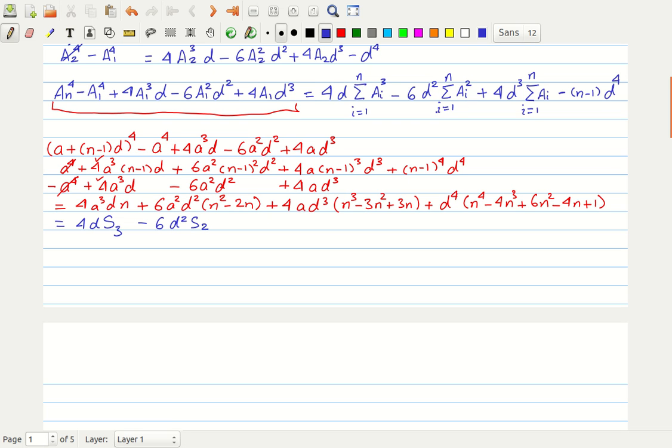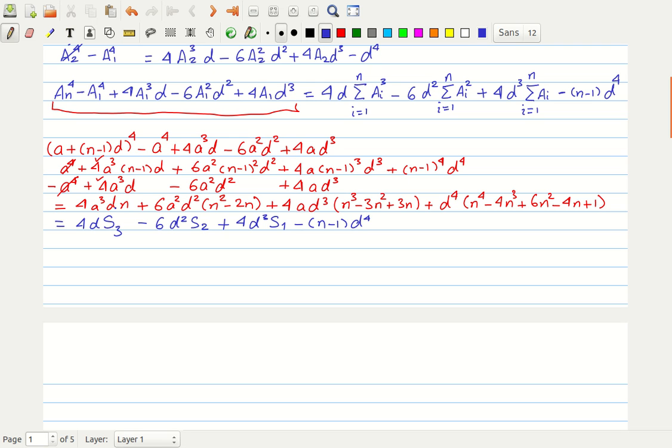Okay, this sigma here is S2, plus 4d cube. Let us call this S1. Sum of AP is S1, right? So S1 is sum of AP, S2 is sum of squares of AP, S3 is sum of cubes of AP, minus n minus 1 to the power d to the power 4.